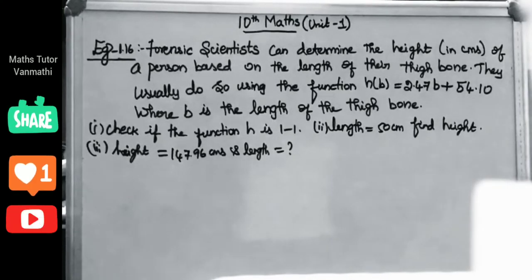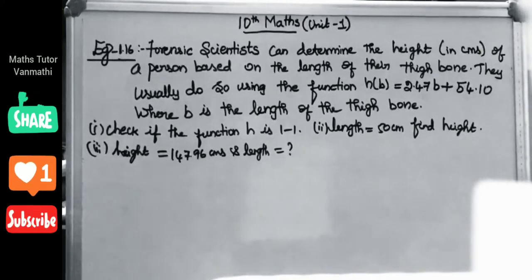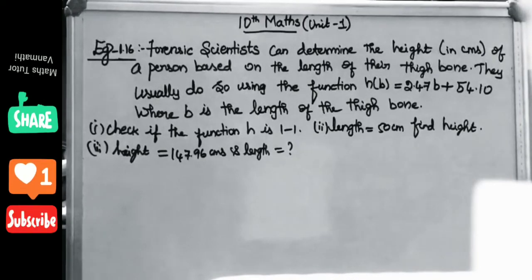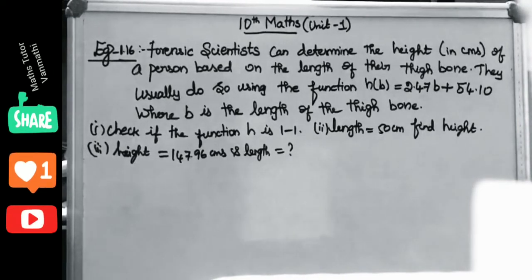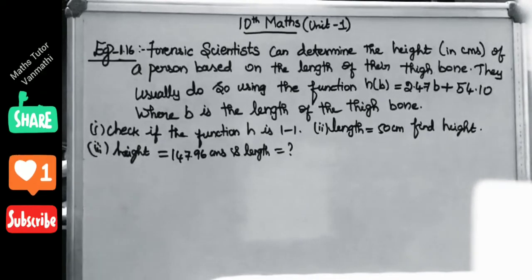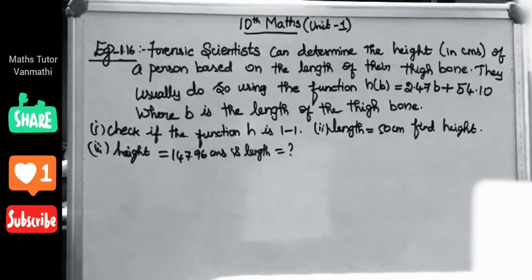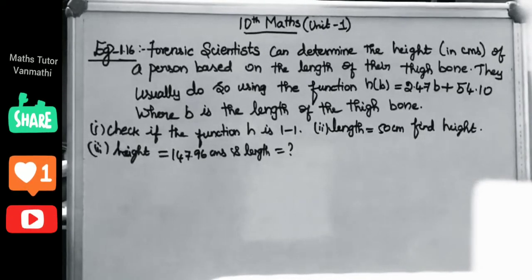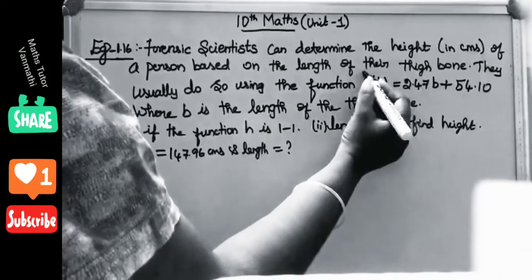They usually do so using the function h of b is equal to 2.47b plus 54.10, where b is the length of the thigh bone. So they are using the function h of b.